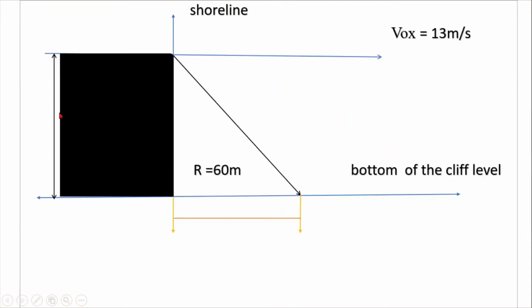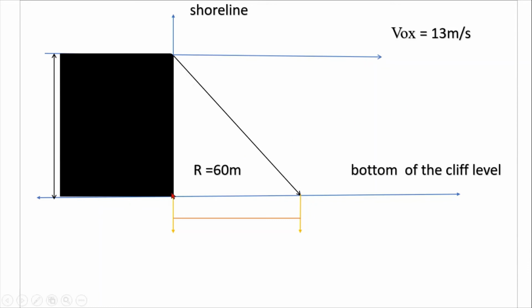This diagram reveals everything mentioned in the problem. The straight line drawn vertically here in black represents the height of the cliff. The rectangular shape here represents the cliff. This black line, drawn in a slanted manner, represents the motion of the rolling car after it leaves the cliff.